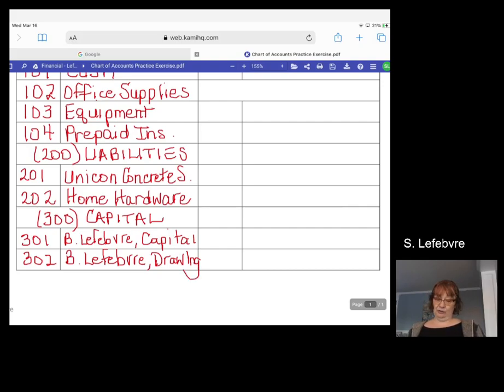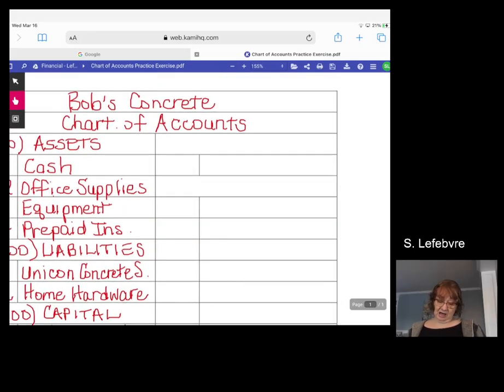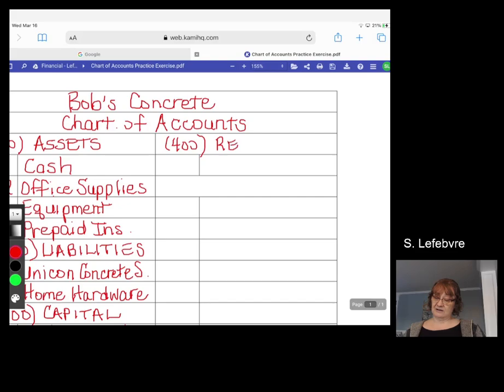All right, so we're going to go back up to the top. We've got our assets, liabilities, and capital here. So we'll work on our right-hand side. So our next category is going to be our revenue, and revenue is 400. And this company has one revenue account that they're using.